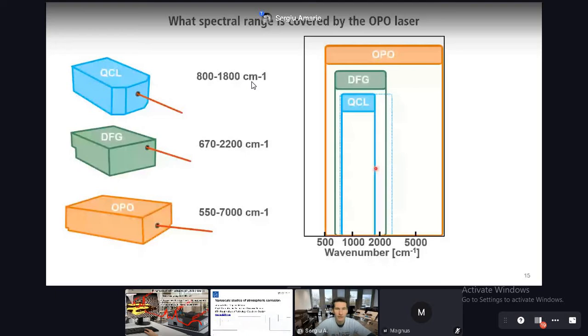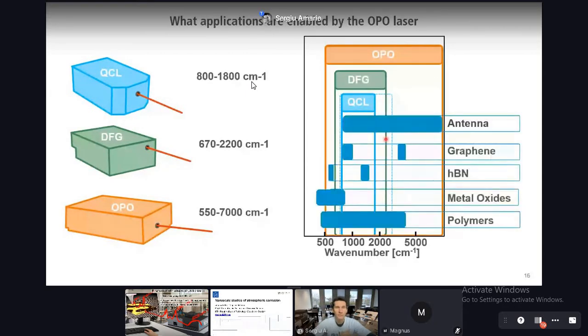One note here, the QCL laser can be customized to cover also other spectral ranges. This is at additional cost, of course. Now, for this webinar today, I selected applications to explore the potential in both of these additional spectral regions, at the lower frequency, but also the higher frequency.